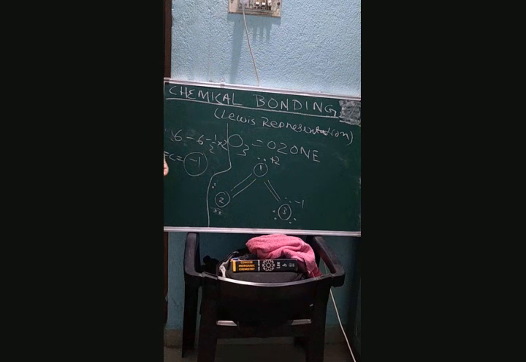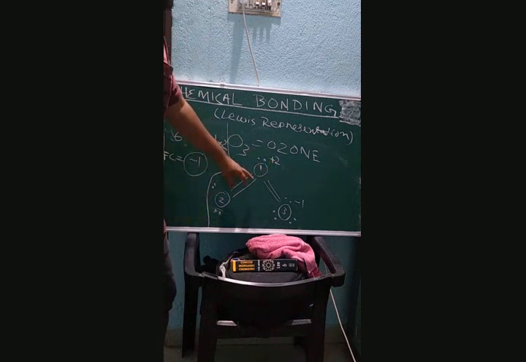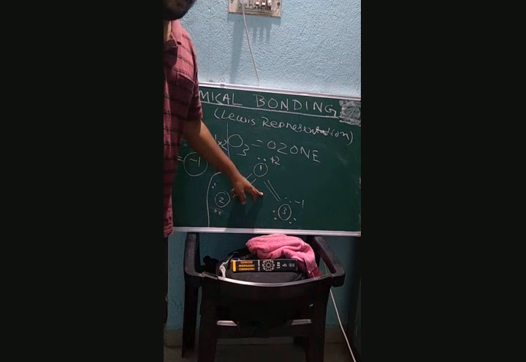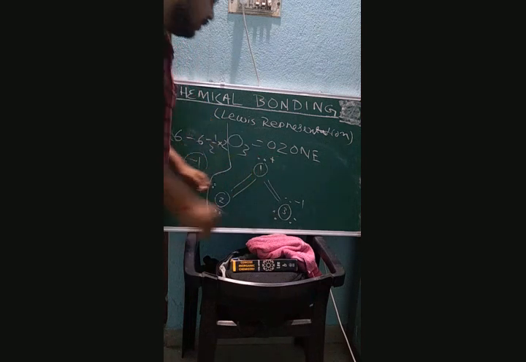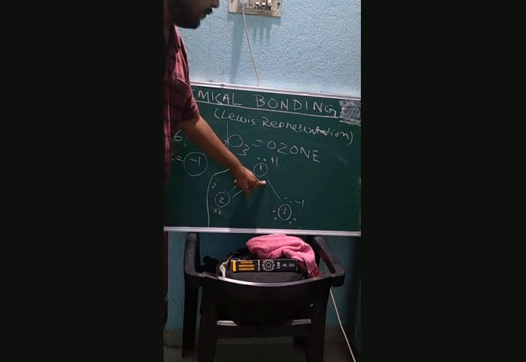The formal charge will be 6 minus 2, 4, minus 2. So it will be plus 2. So if I write the Lewis structure of the ozone molecule like this, then it will be wrong, because the formal charge can be plus 1 if I delete this bond.